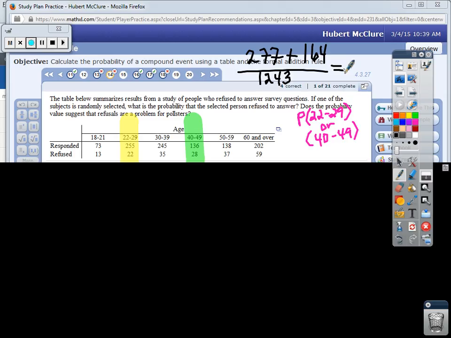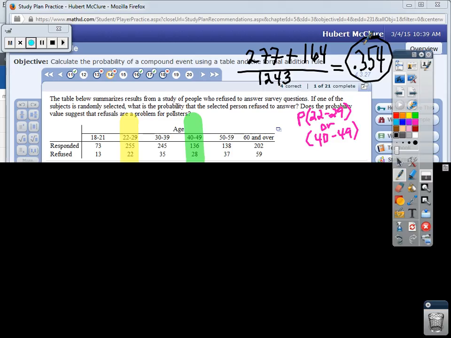All right, and what does that come out to be? Give me 4 decimal places. 0.354. So the probability of 22 to 29 or 40 to 49 is a 35% chance, or 0.35 probability.